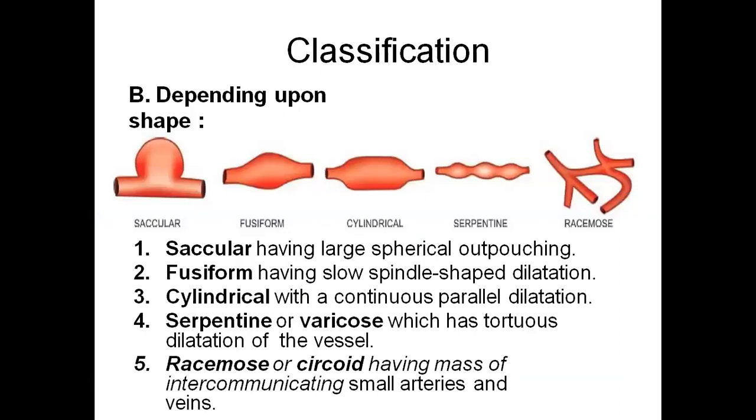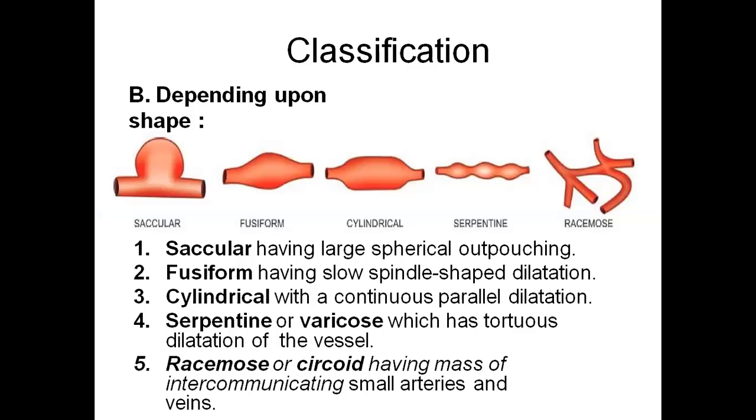The second way of classification is based on the shape. As you can see, there are five different shapes mentioned here. First one is saccular, having a large spherical outpouching. The second is fusiform, which shows a slow spindle-shaped dilatation on both sides.